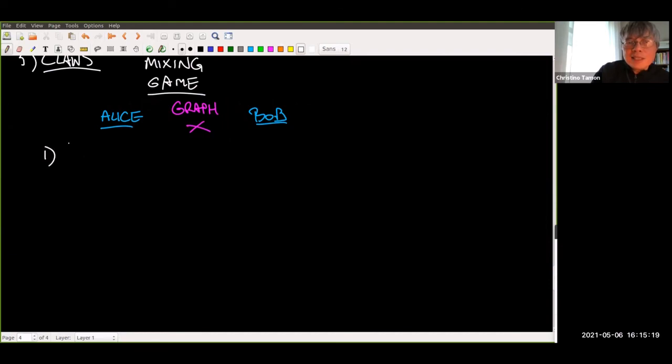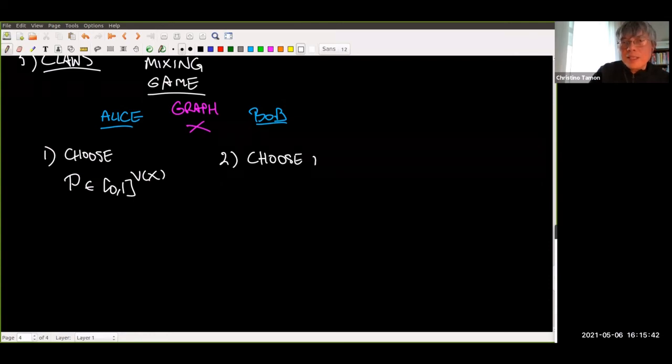The game proceeds as follows. Alice goes first. Alice will choose a distribution. This is like the Aharonov-Ta-Shma sort of thing, a distribution over the vertices of the graph X. And Bob goes next. Bob chooses an edge weighting. This is W, a weighting on the edges of the graph.